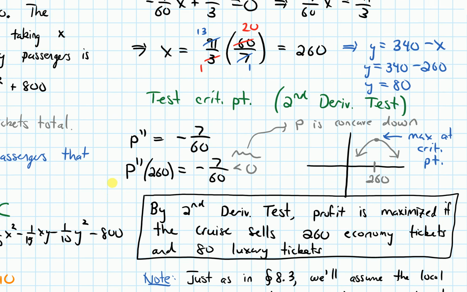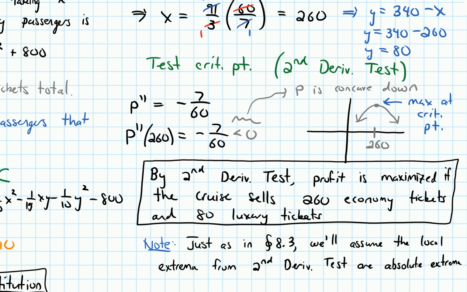Okay, so I want to note one thing, which is just as in the previous section, 8.3, we're going to assume that the local extrema that we get from the second derivative test, because technically even this second derivative test for one variable functions is technically just testing for local mins and local maxes.